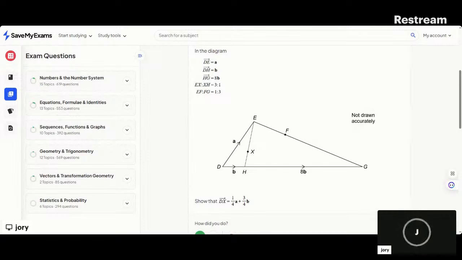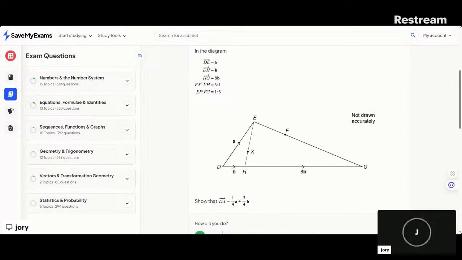It's A plus EF, 9B over 4 minus A over 4, which is 1/4, equals 3/4 of A, 3A over 4 plus 9B over 4.